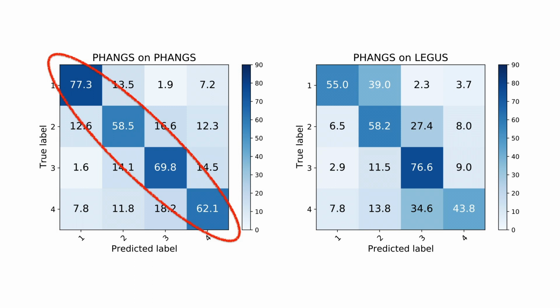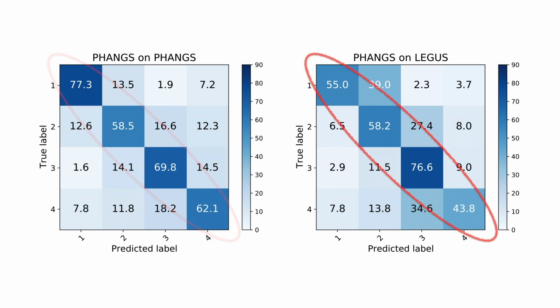So our models are classifying PHANGS objects a lot better than the Legos models were. But we actually do then use our PHANGS models to classify Legos objects, and actually find that in doing that, our models are more accurate than vice versa, than when the Legos models are classifying PHANGS objects.